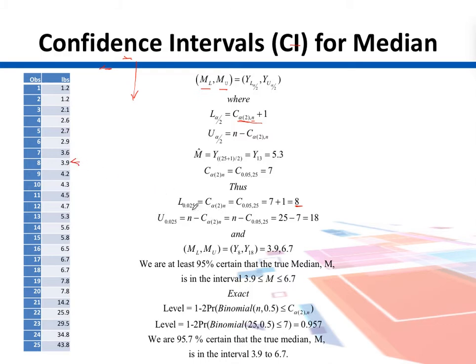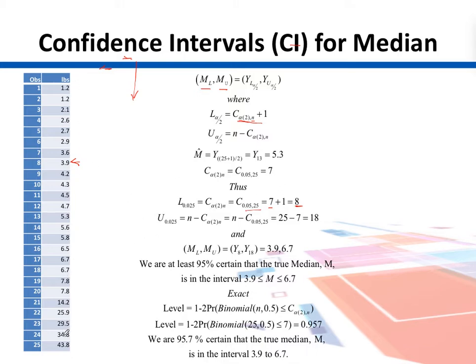That will give us our lower confidence limit, L at 0.025. We said L at alpha by 2, and since alpha is 0.05, it becomes 0.025. That is C at alpha 2, n, and n is 25. In the table the number was 7, so we add 1 to it, 7 plus 1, the 8th number in a sorted list of numbers.